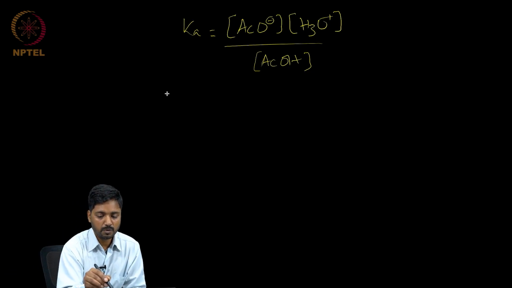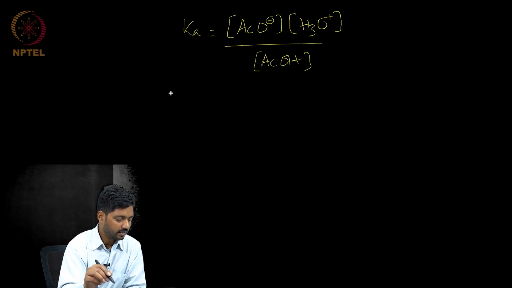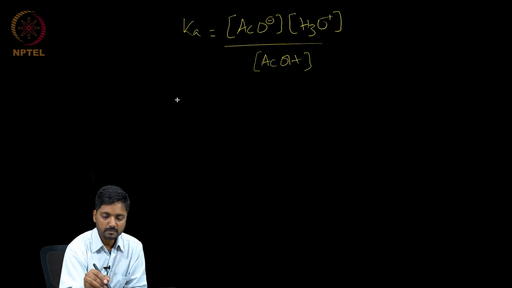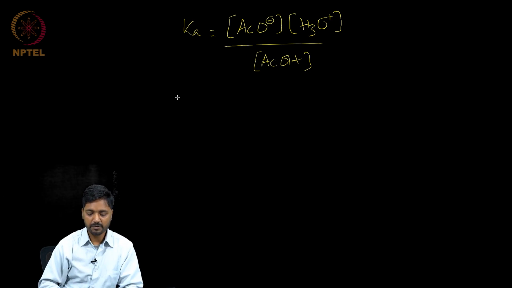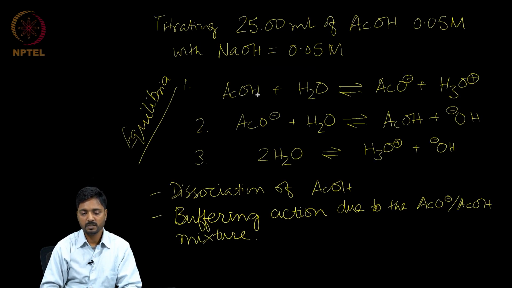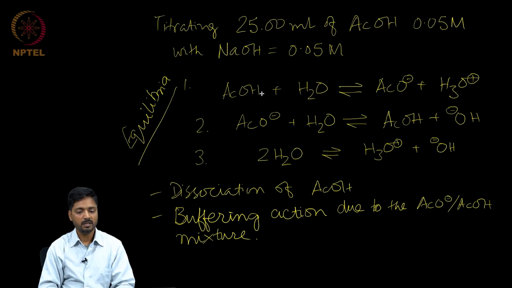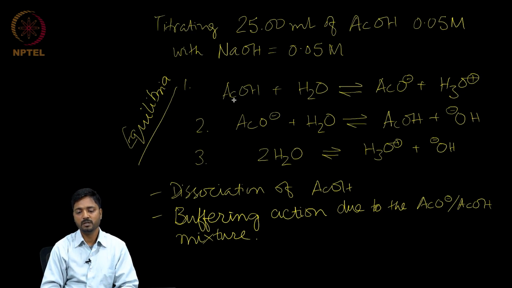We also understand that if we look at the equation in the previous page, what we observe is that the acetic acid concentration will be reduced by undergoing dissociation in water to form the acetate, and it will be increased when the acetate takes up water and forms the acetic acid.